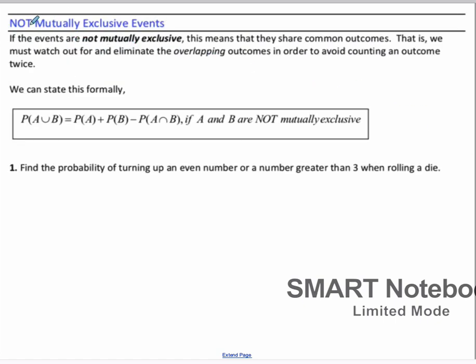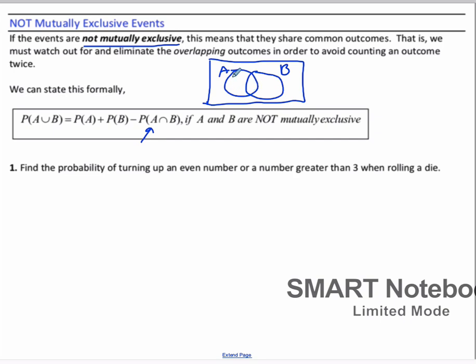Okay, so let's look at not mutually exclusive, which is obviously the opposite of mutually exclusive. If the probability of A intersect B is not 0, then we have to actually subtract it, and that'll be clear if you draw a Venn diagram. You have an overlap.